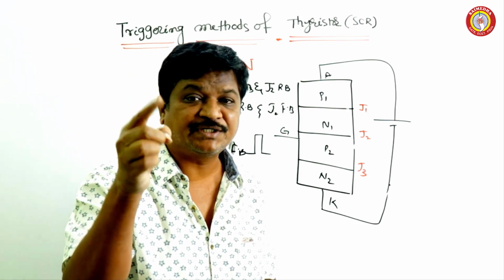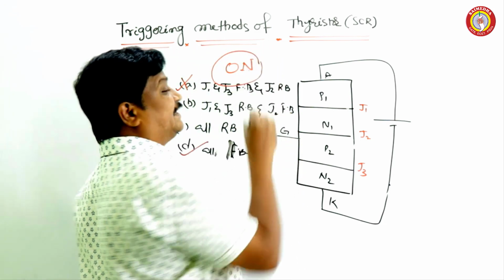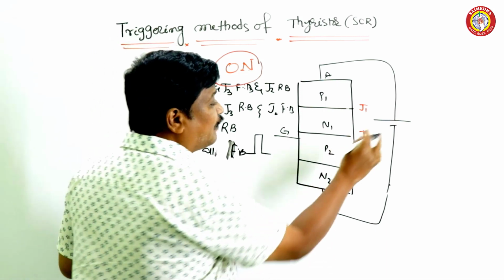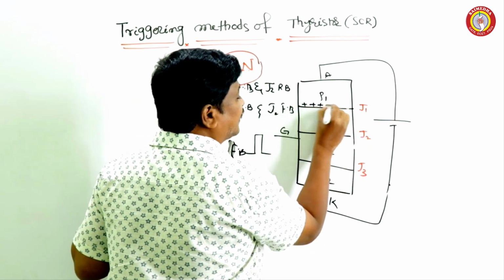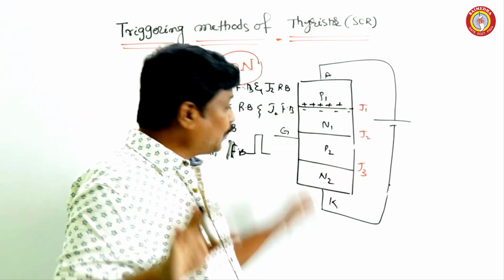Keep it in mind. My question is: the device is in the on state. Once you give a voltage here, this becomes plus. Already in the first SCR class, I told you the working operation.